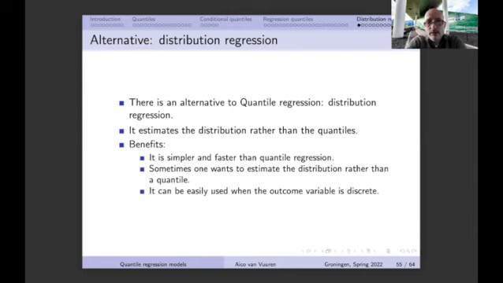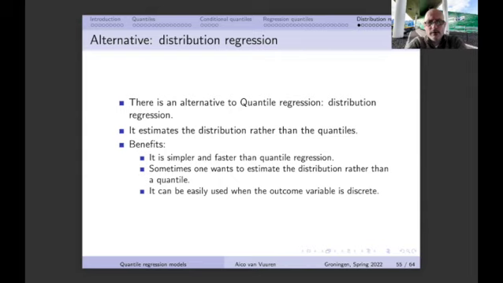That is different from standard regression, because in standard regression you try to estimate conditional means. So it doesn't come as a big surprise that distribution regression tries to estimate conditional distributions. That is exactly what distribution regression does. We will say a bit more about this after the next slide.